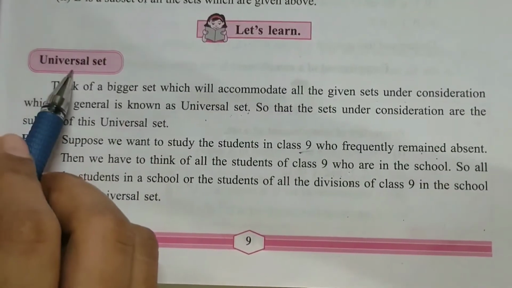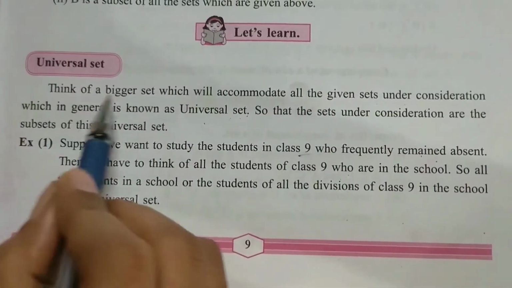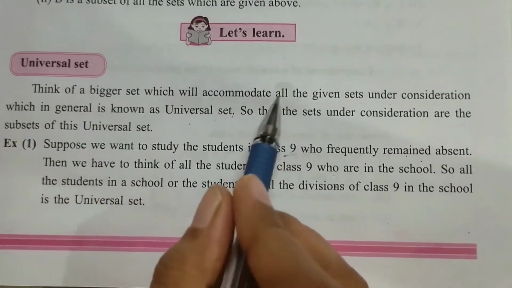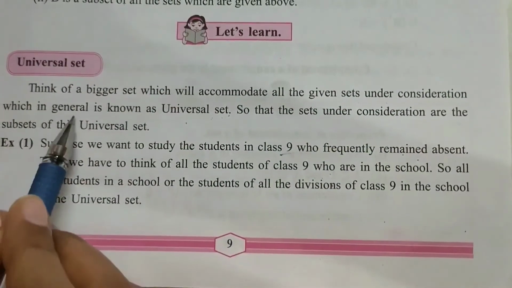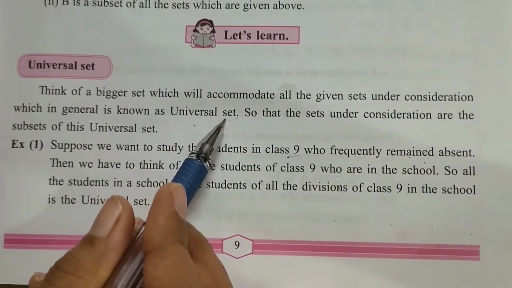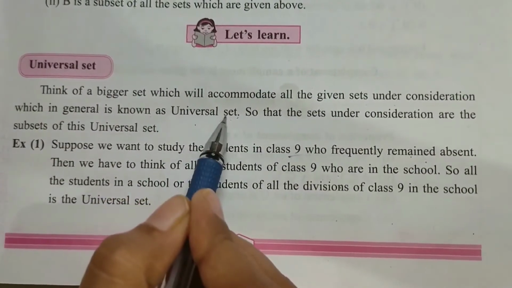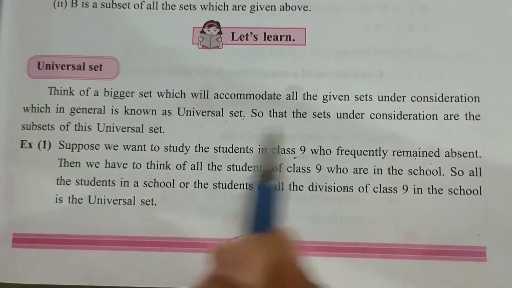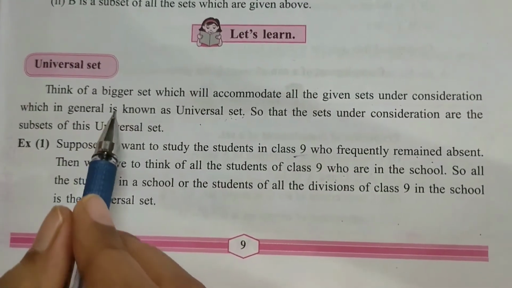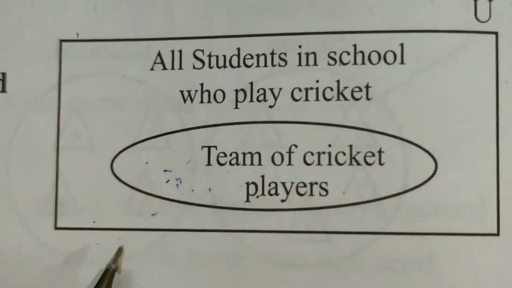Next is universal set. Think of a bigger set which will accommodate all the given sets under consideration, which in general is known as the universal set. So in general, the universal set is the bigger set which contains all the sets. Let's understand it through an example.